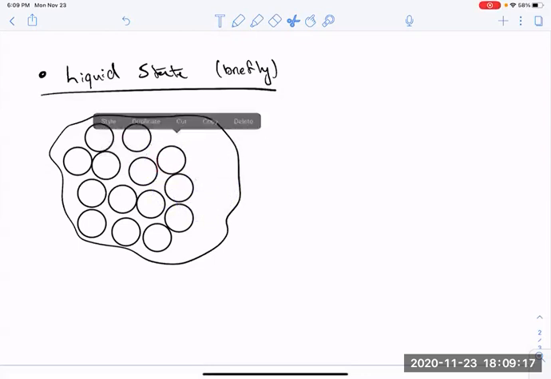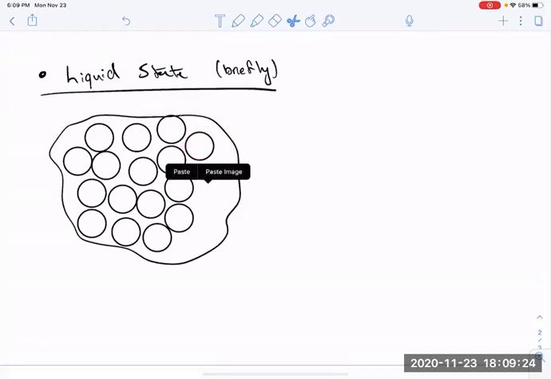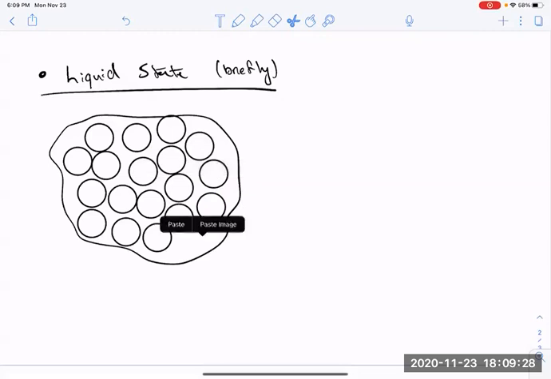Some of them would be close together, nearly touching. Pauli exclusion principle would keep them from exactly overlapping, as would their positively charged nucleus. And it's disordered, maybe something like that.